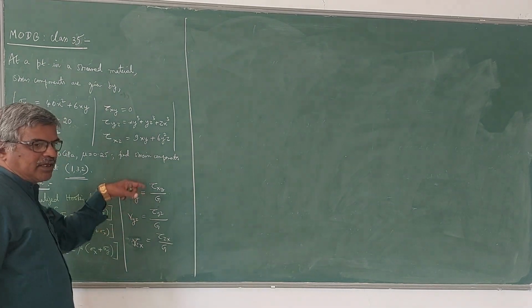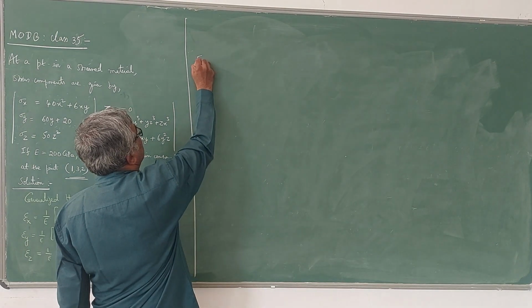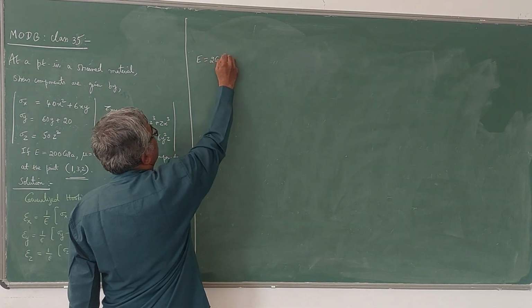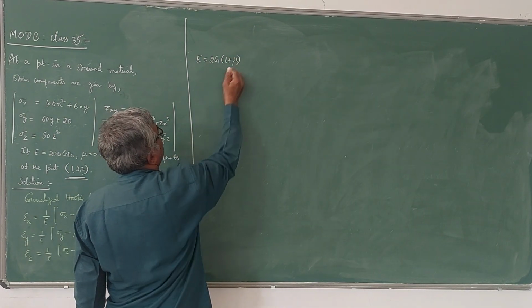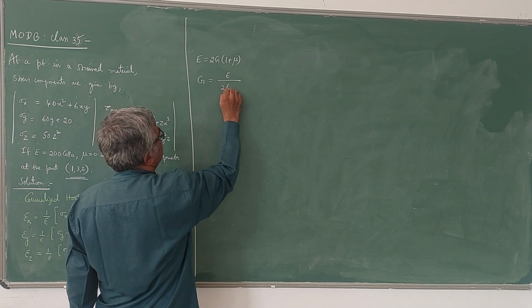From that we can get the value of this G using the relation E is equal to 2G into 1 plus mu, or G is equal to E divided by 2 into 1 plus mu.